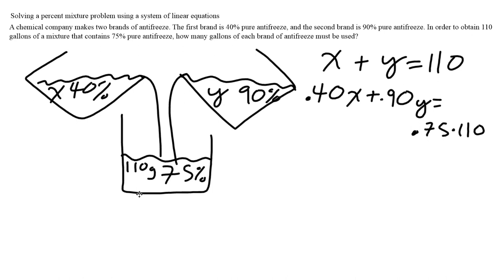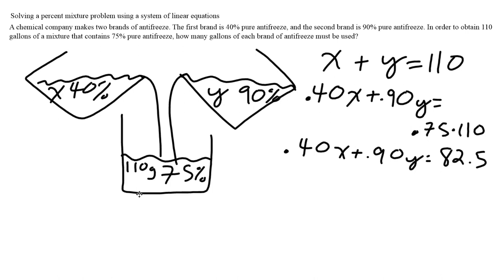A percentage is always being multiplied by something. And we can go ahead and multiply 0.75 times 110. ALEKS will give you a calculator to do this, and you will get 82.5. So this would be the second equation we have.